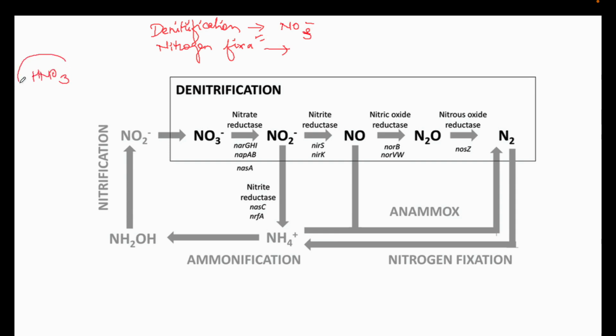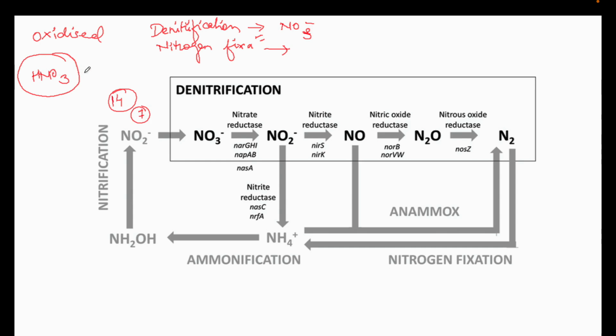Okay, this is the most oxidized form of nitrogen. Nitrogen has 7 electrons, and the atomic weight is 14. So in HNO3, the nitrogen is in the most oxidized state.